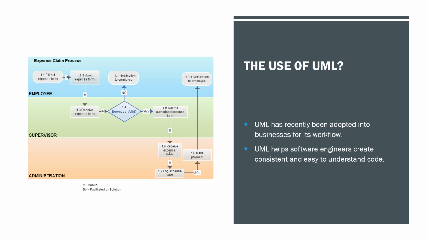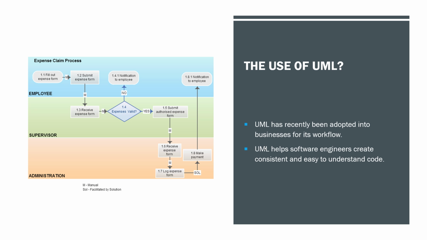The administration will receive that expense form, and it will then be logged, and then the administration will make the payment on that expense form. Once that expense form is done and paid, they will notify that employee. As you can see, this looks like a flowchart, but also kind of like a UML by the way it is set up with these categories.